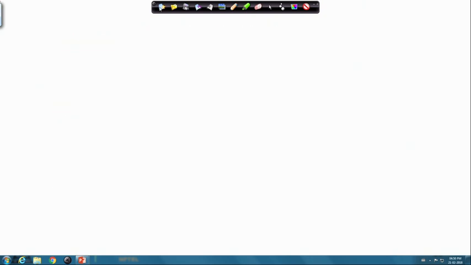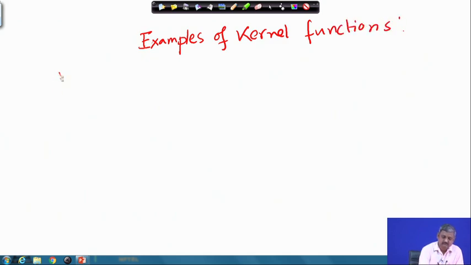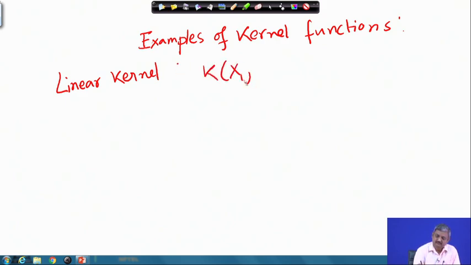And you have several examples of kernel function. Linear kernel. So, two properties a kernel function should have. It should return a scalar, okay, and it returns some positive value. x1, x2 are two vectors, x1 dot x2. Okay.